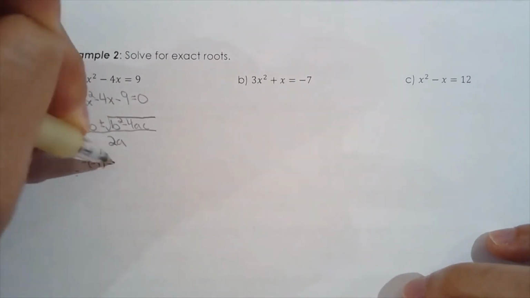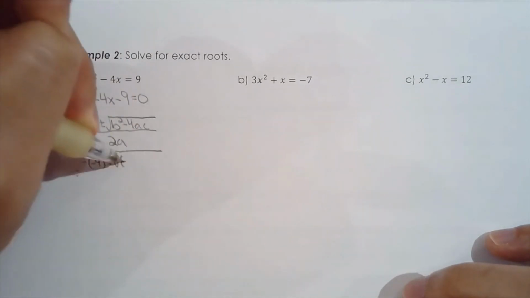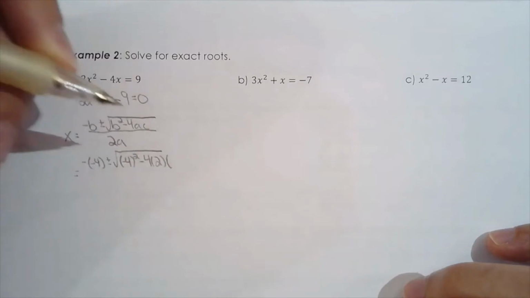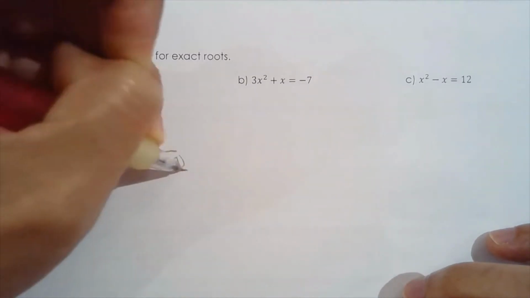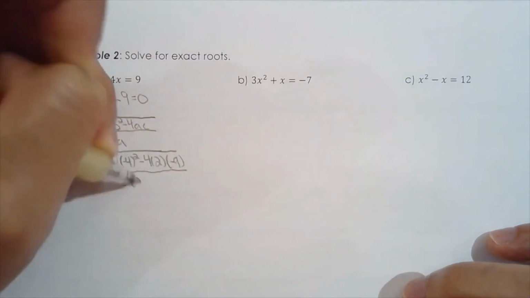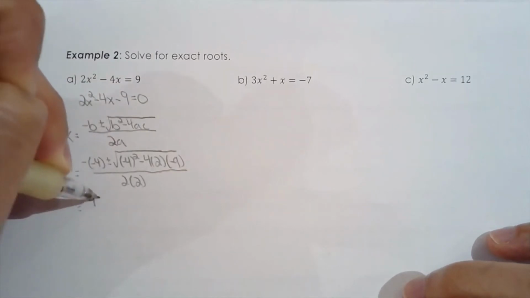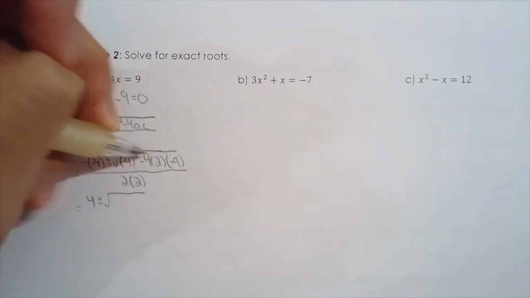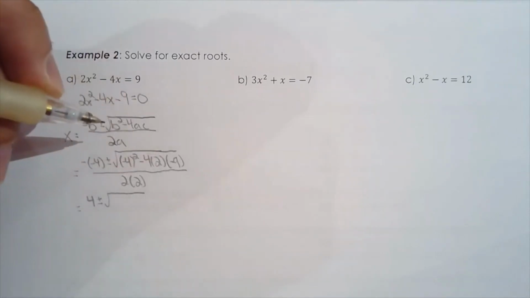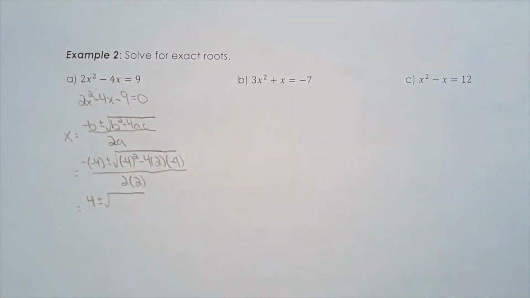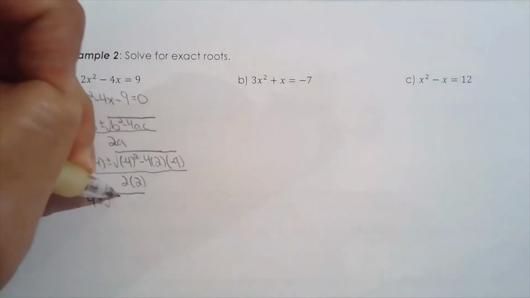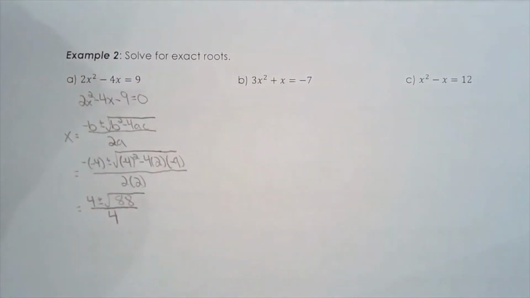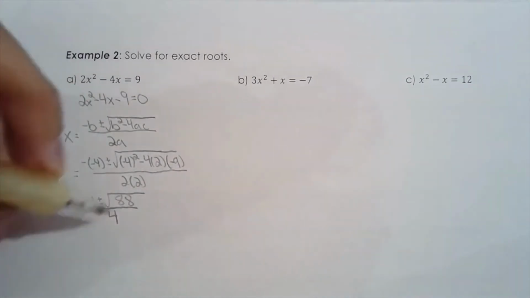So plus or minus the square root of negative 4 squared minus 4ac, all over 2a. Okay, so it's 4 plus or minus, this is 16, this is 8 times 9, 72. 72 plus 16, let me just triple check, yep. Bam, 88. You can simplify this.